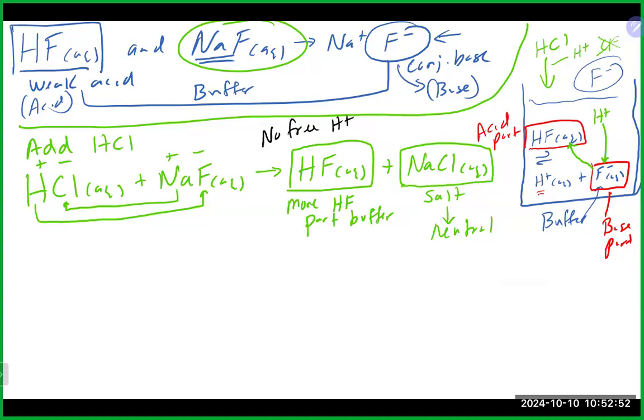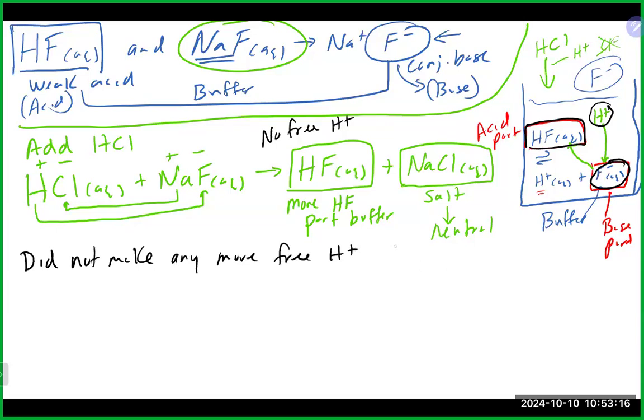There is no free H plus because, as I just said a second ago, my free H plus that came in combined with my fluoride to make this guy. So it is not freely floating in the solution. What that means is we did not make any more free H plus, which means the concentration of H plus will stay relatively constant.